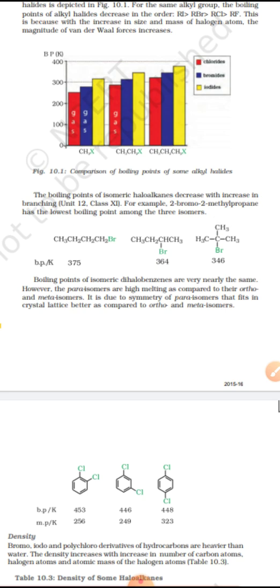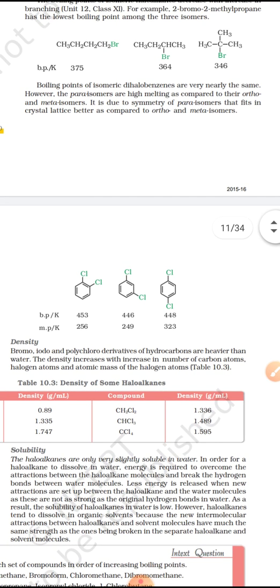Now, if we compare the boiling points of isomeric dihalobenzenes, we'll see that the para isomer will always have the highest melting point or boiling point. It is because of the symmetry. It can fit easily into the crystal lattice.